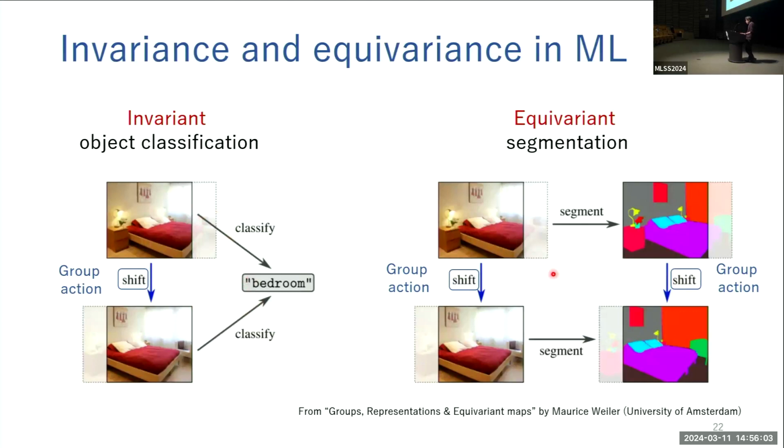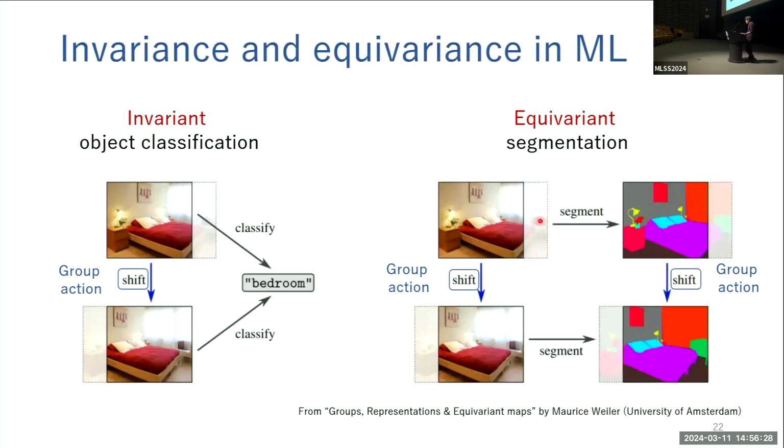Also, equivariance is often considered in various machine learning tasks, especially image processing tasks. Let's consider segmentation tasks. If we have this image, we have the segmentation of the image like this.